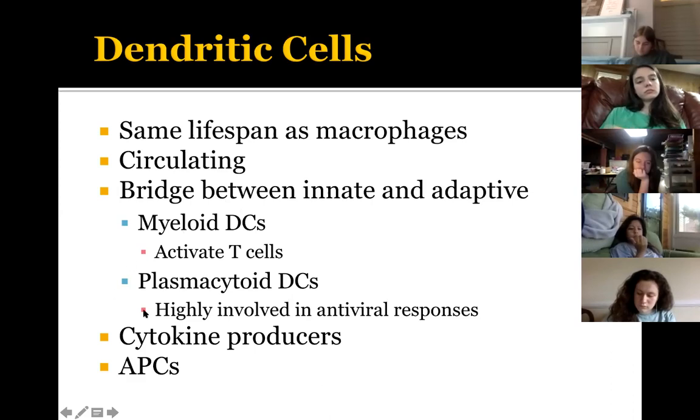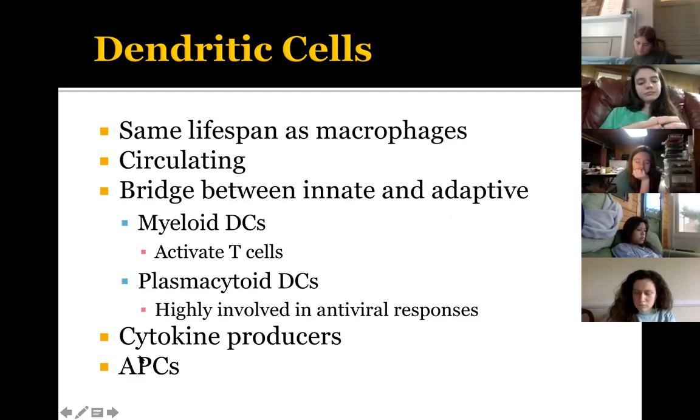Don't worry about these two types very much, myeloid and plasmacytoid dendritic cells. But what I do want you to realize is that these myeloid dendritic cells are essential for the activation of T cells in the adaptive immune system, all right?